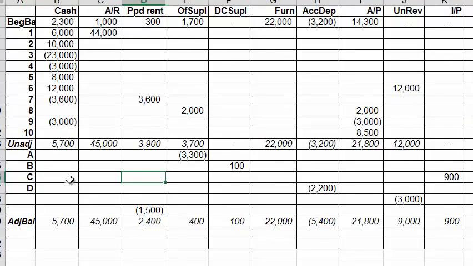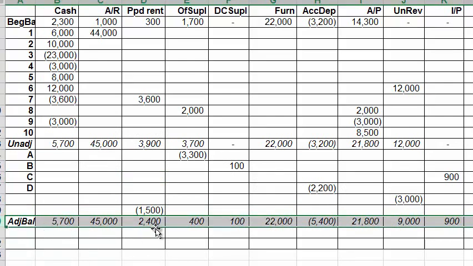Alright, so hopefully you've been recording these entries in our worksheet here as we've gone along. After recording each of those entries officially in our worksheet over here, you can see these would be what we would call the adjusted balances in the account. So we can see the balances and the ones we adjusted.